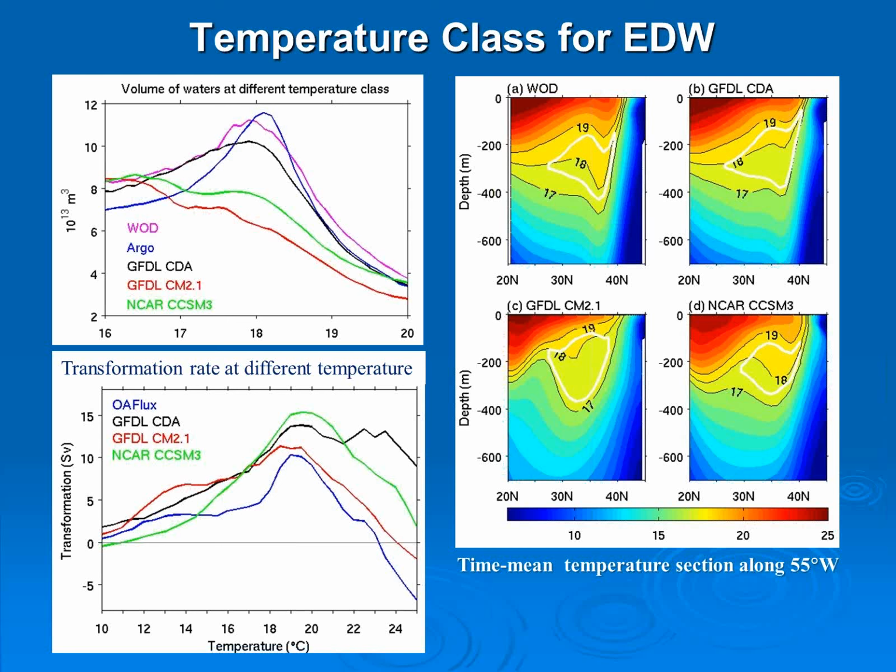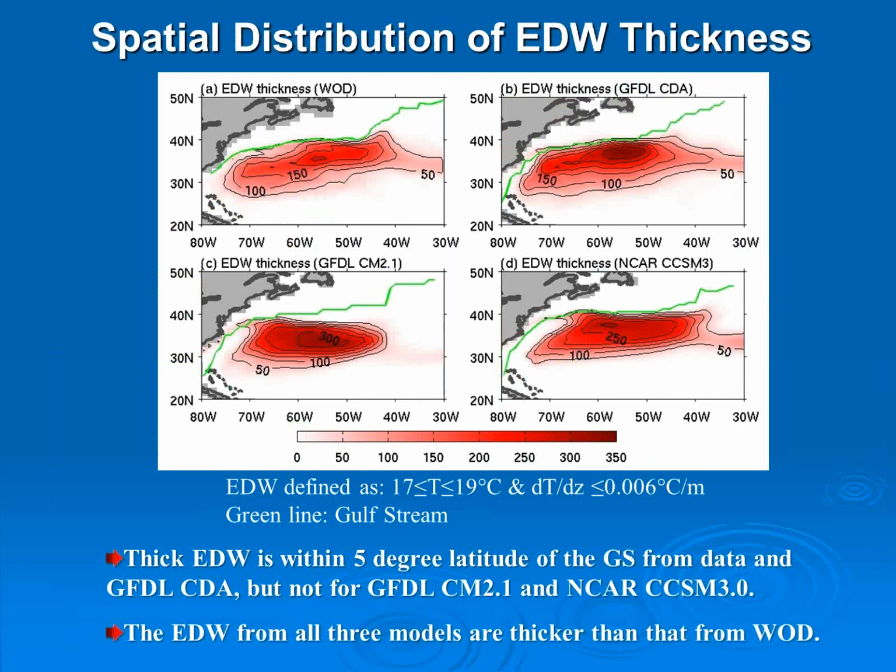Based on this, we use the same criteria as we used for observations to determine 18-degree water volume, as indicated here. The plot here shows you the spatial distribution of EDW thickness. It's the mean, the average for the study period.